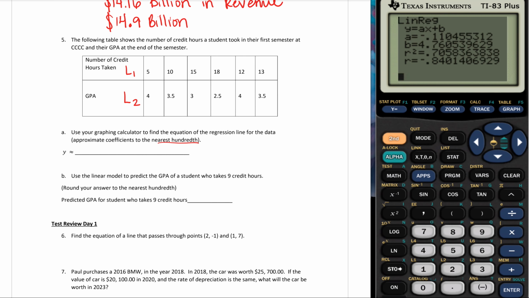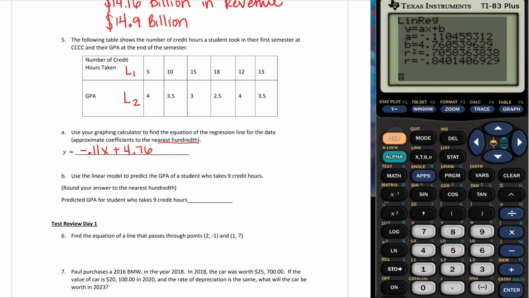And I have my equation. And it says to the nearest hundredth, so 2 decimal places. So I have y equals about negative 0.11x plus 4.76.